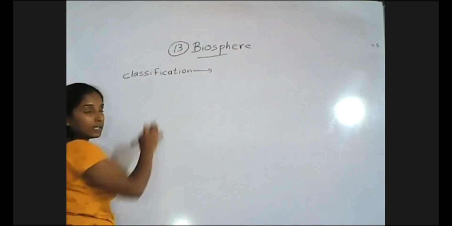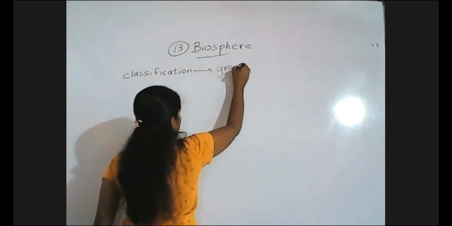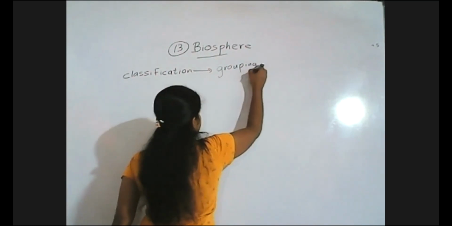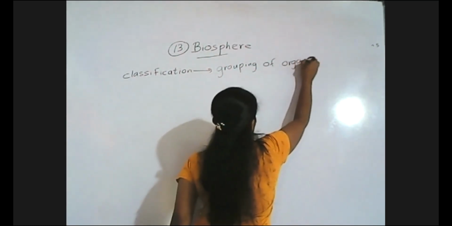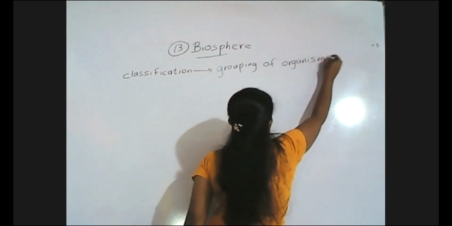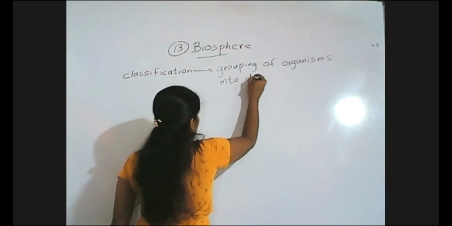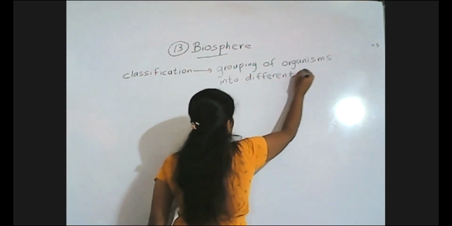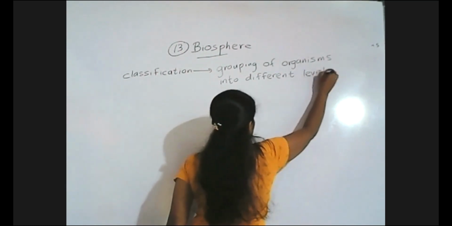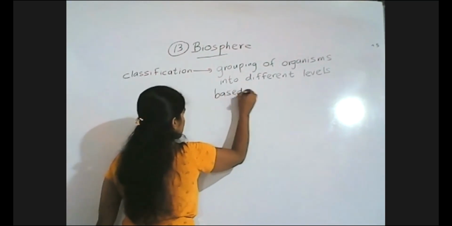That is called classification: grouping of organisms into different levels based on their common features.